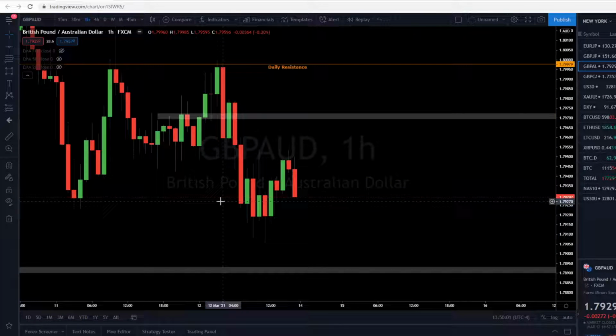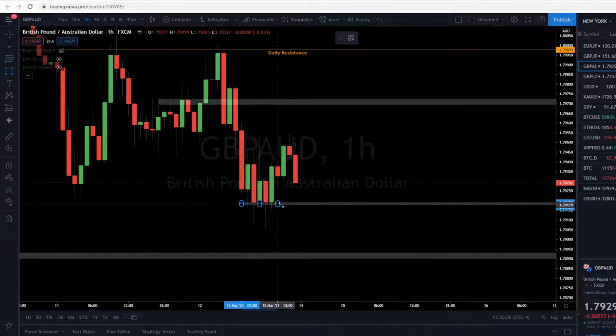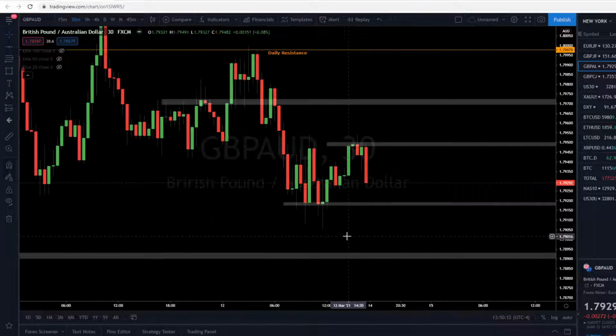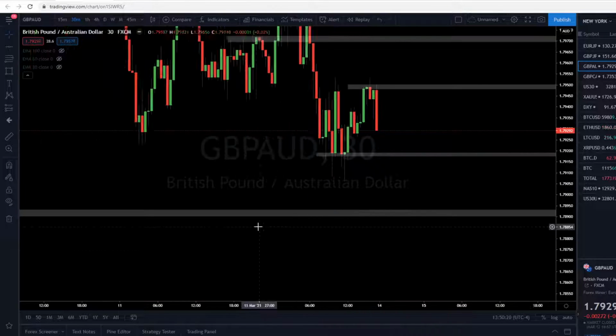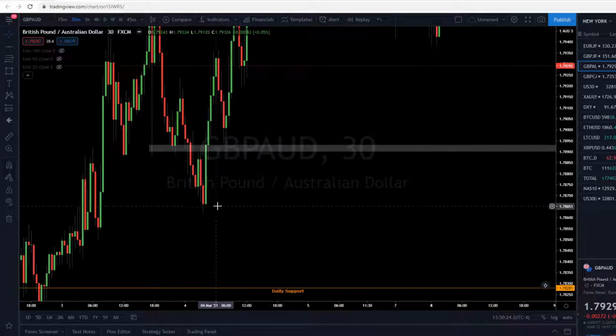So what I would ideally like to see for this pair to continue down is, let me just mark out these levels real quick, on the 30-minute time frame, I would like to see this level get broken. If we get it closed down here, you've got a 24 pip range, and then we can continue down even further, because we have all this clean traffic all the way down here.